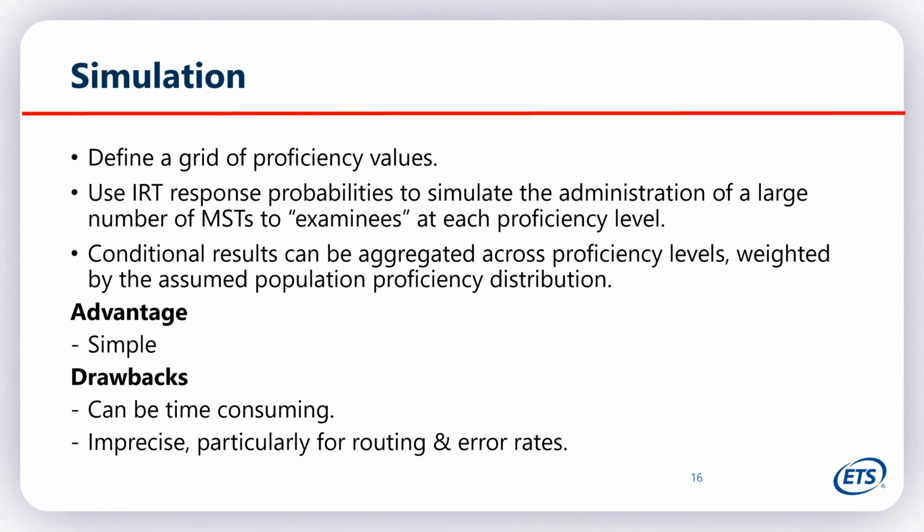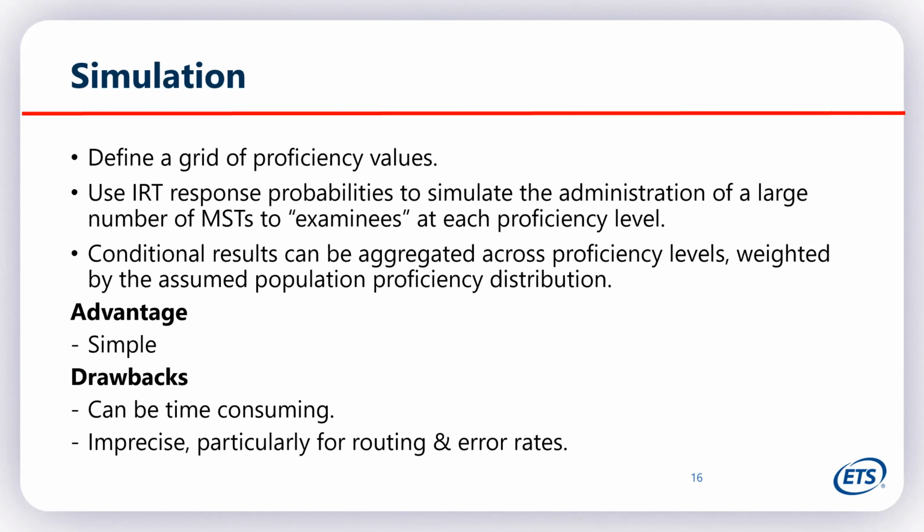All of these approaches, as presented here, work conditionally, and the key to all of this is the generation of essentially conditional score distributions, which are distributions of observed scores conditional on a single value of true proficiency. So we define that grid of proficiency values.